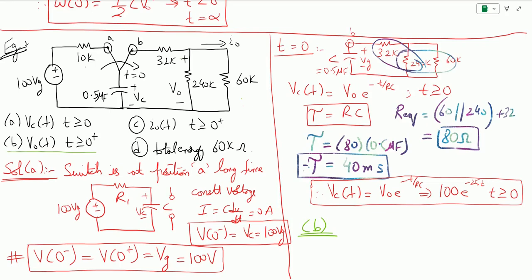So V naught is across this 240K resistor. So what we can do is we can solve the circuit by, so this 60 and 240 are in parallel, so we can simplify this and then we can apply the voltage divider rule. Because our circuit is now a capacitor connected to a 32K and this, so this is 60k, this is 240k, and this is 32 with VC over here to be 100.